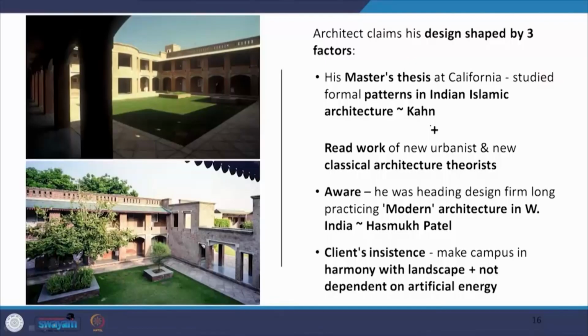Also, he read the work of new urbanists and new classical architecture theorists, and again this is in connection to Louis Kahn. Louis Kahn was classically minded throughout his architectural life. There was a part of his architecture where this classical identity was reflected.